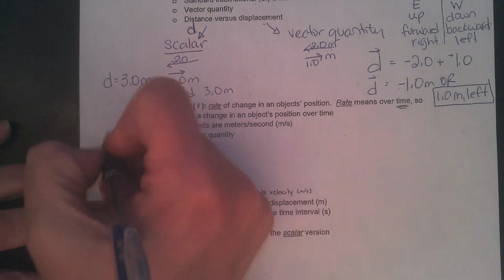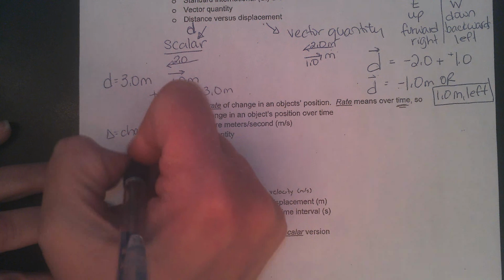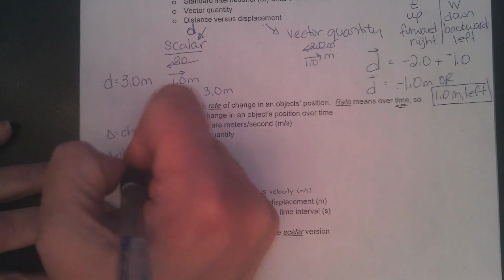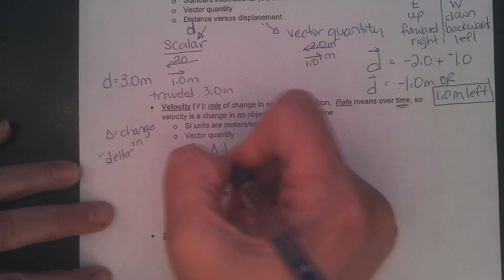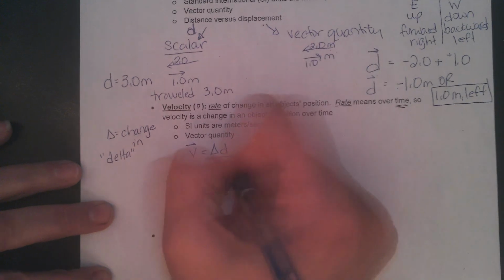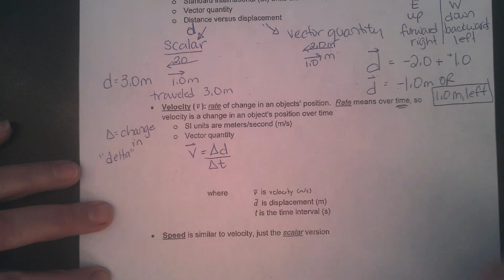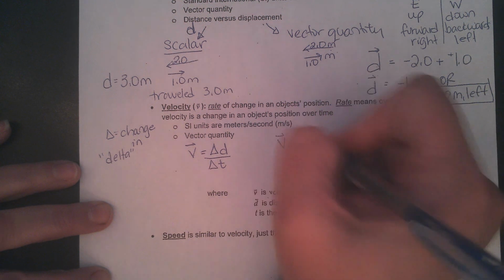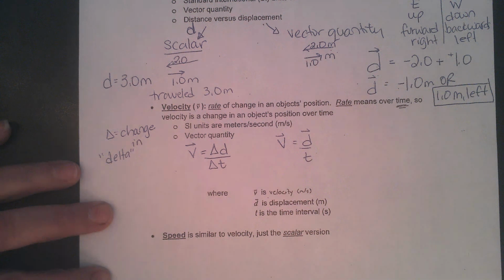A triangle means a change in. Officially the word is delta, but it means change in. So delta displacement over the change in time. And so then what we can write is v is equal to displacement over time.